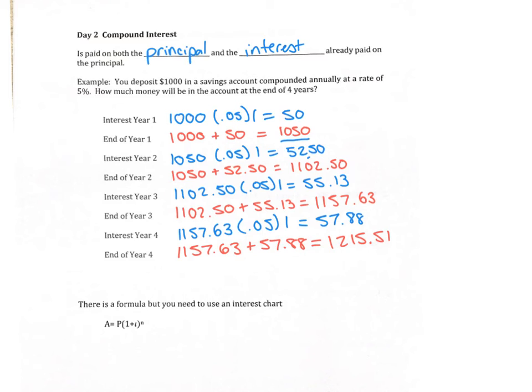There is an interest formula. Unfortunately, we're not going to be using that formula because you need to actually use an interest chart in order to do this. So this is saying here that N is the total number of interest periods, and this I stands for the interest rate per period.